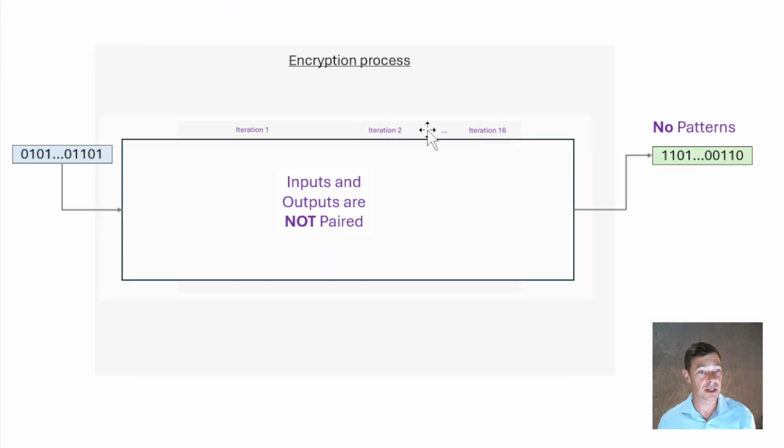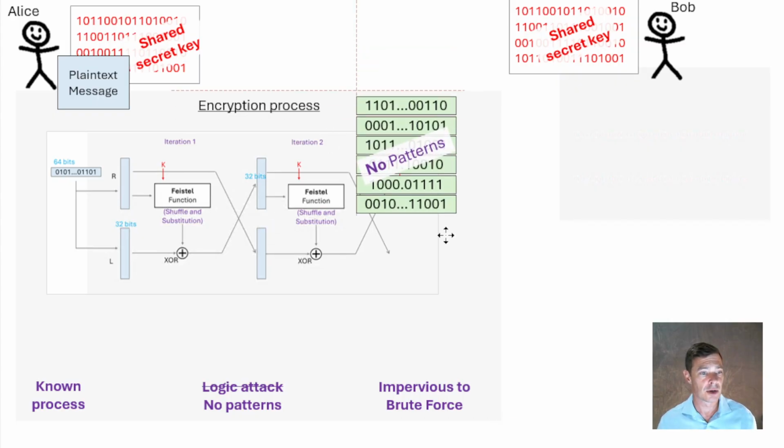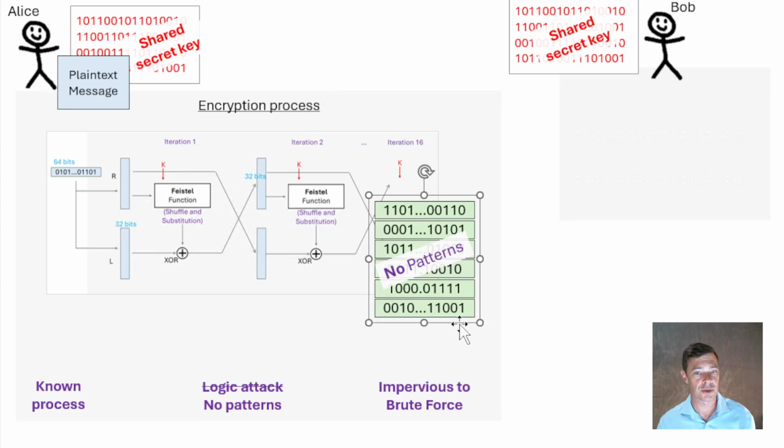And at the end of 16 rounds, the resulting ciphertext has no patterns, and there are no one-to-one links between the individual inputs and outputs. So Alice now can perform her encryption to include her secret key, and her ciphertext as her result will look just like a random number.